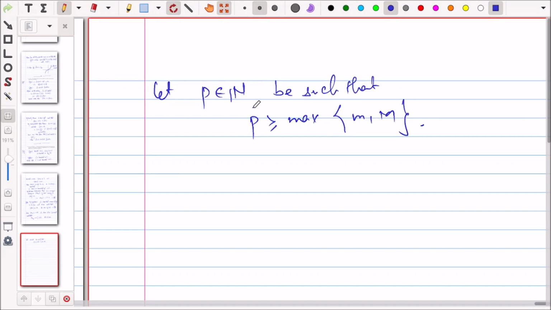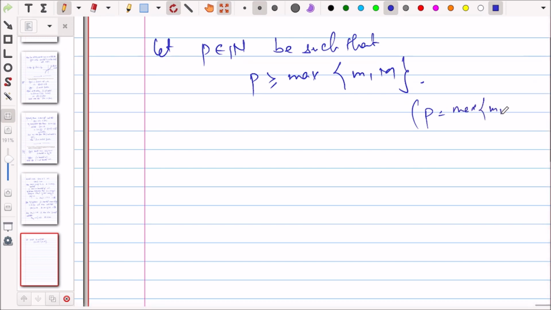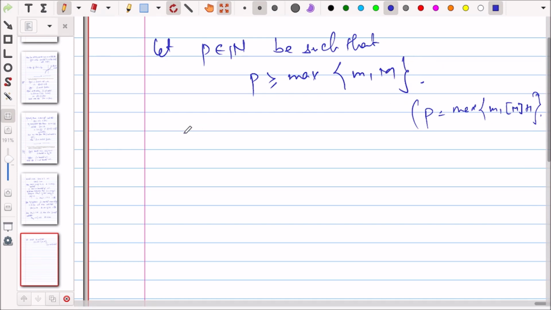We take it greater than or equal because M can be a real number and we want an integer. Or we can say p equals the maximum of M and the greatest integer of M plus 1. Either we take p equal to this, or simply p greater than or equal to the maximum.